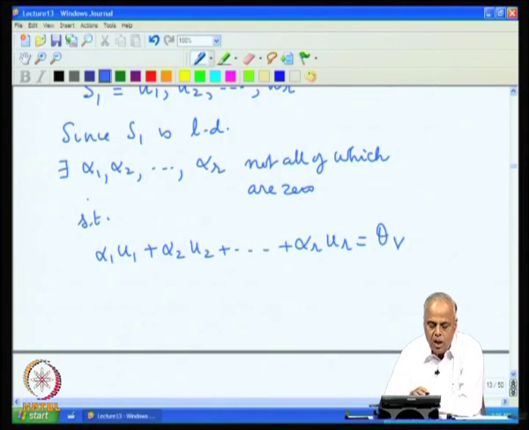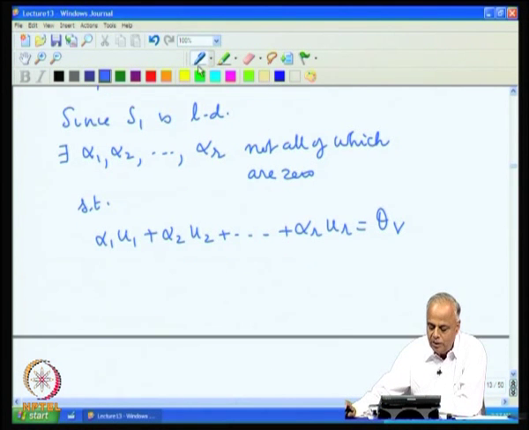Now, we look at this alpha 1, alpha 2, alpha r, all of them are not 0. So, we keep going, seeing which is the last non-zero alpha. It may be alpha r, or maybe alpha r is 0 but alpha r minus 1 is not 0, or it may be that alpha r is 0, alpha r minus 1 is 0, but alpha r minus 2 is not 0. So, we go and find which is the last index for which alpha is not 0.